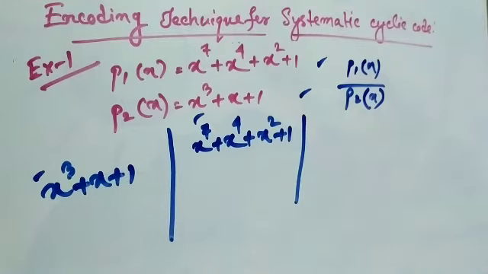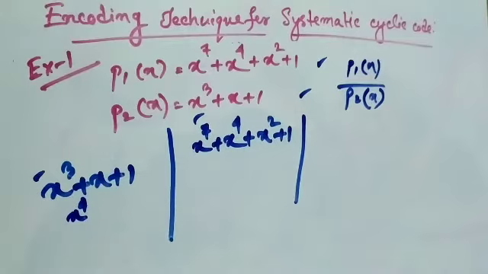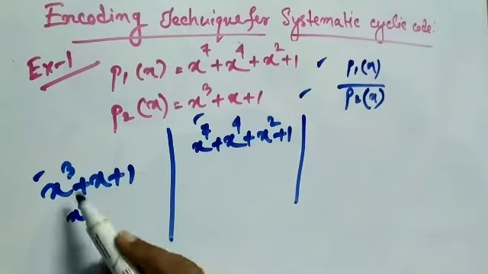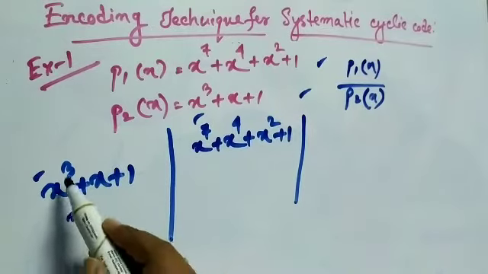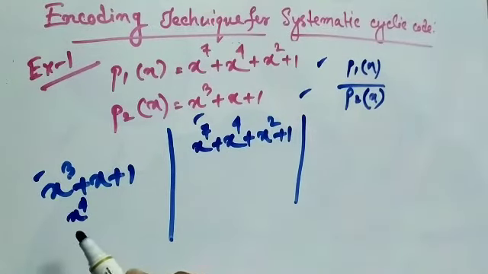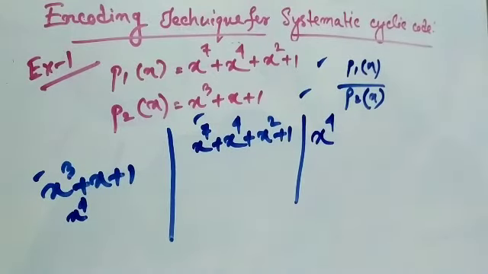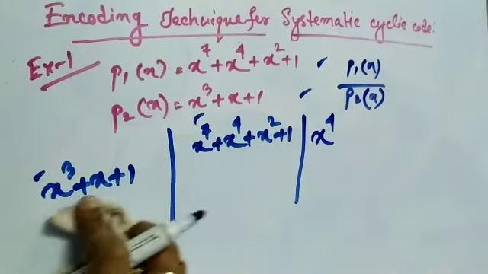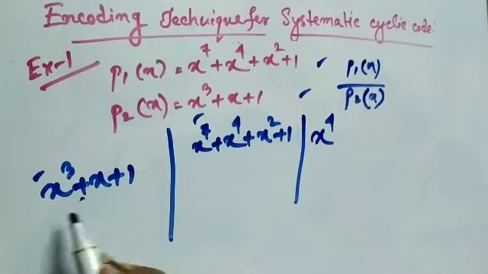How can we get that? If I multiply by x to the power 4, then I can get the first term x to the power 7, because x to the power 4 and x cube when multiplied give x to the power 7. So I write here x to the power 4. After writing, I multiply the x to the power 4 term with all these factors.